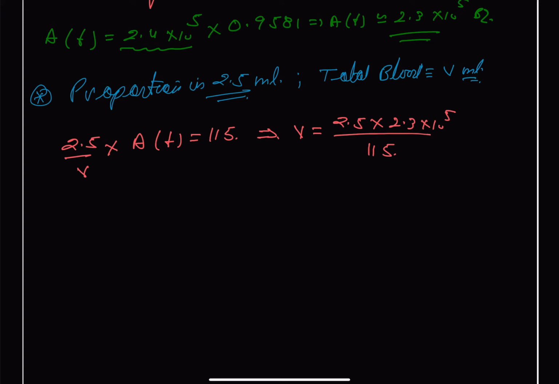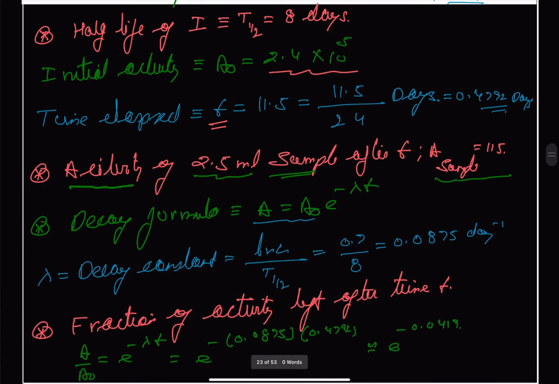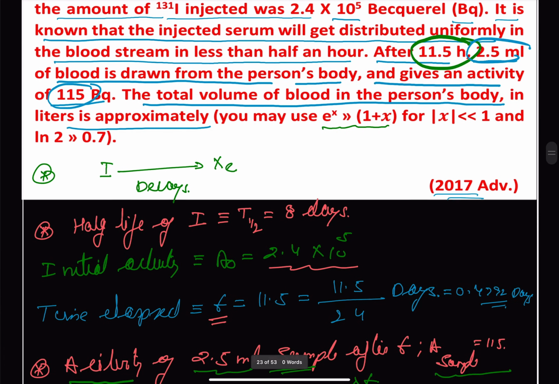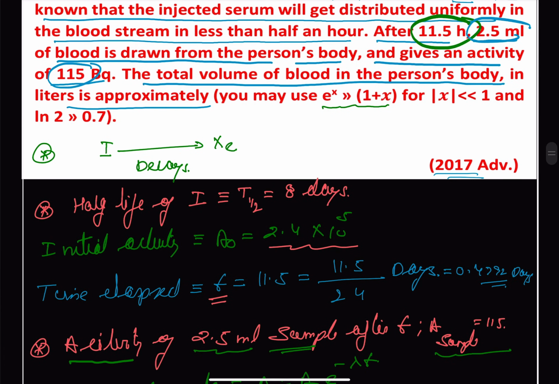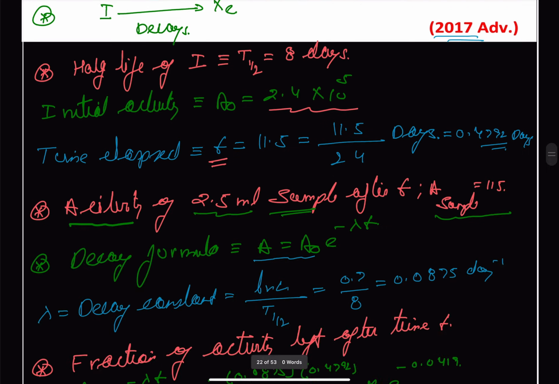This will be approximately 5000 milliliters, or we can say that our volume V is approximately 5 liters.